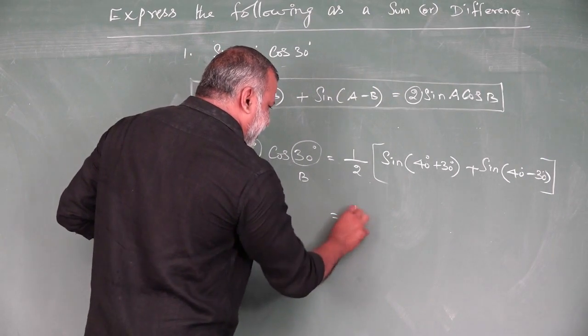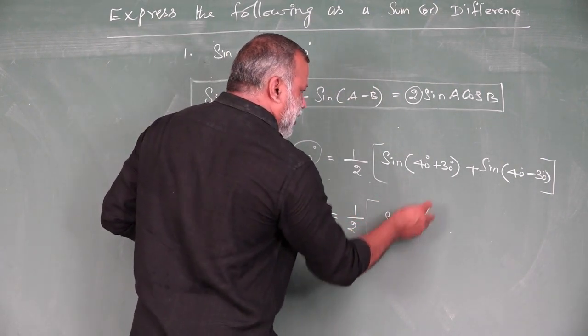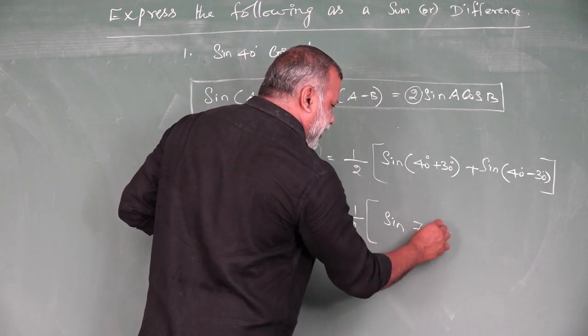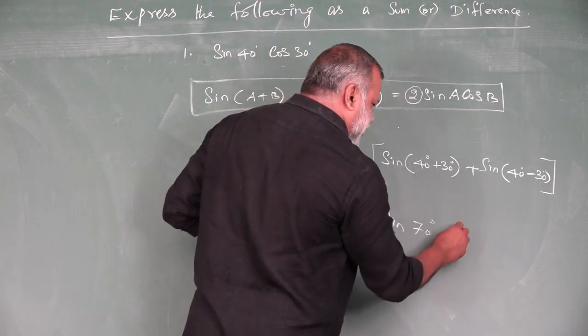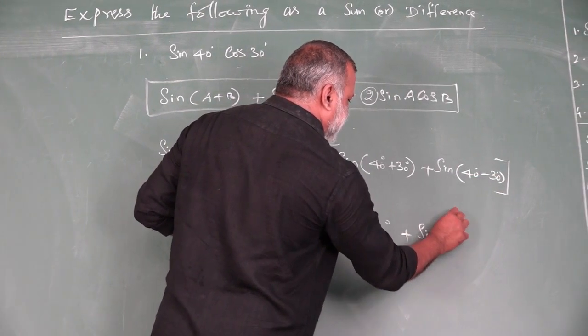Now if we simplify this, we get half into sin of 40 plus 30, which is 70, plus sin of 40 minus 30, which is 10.